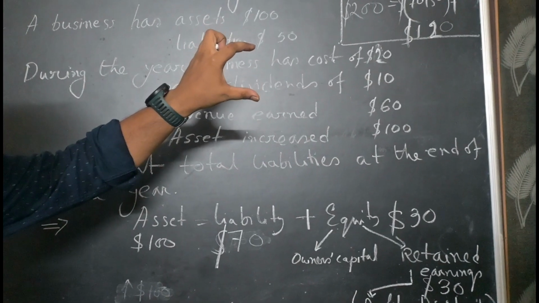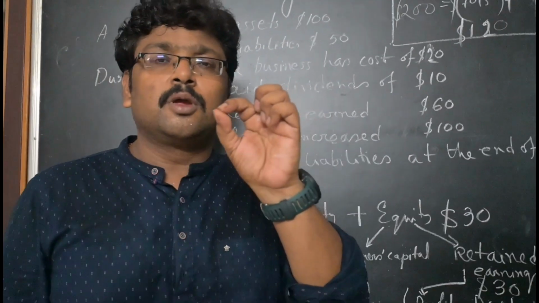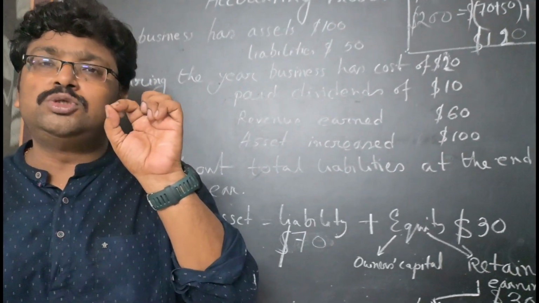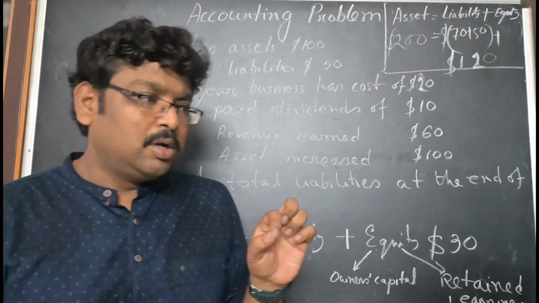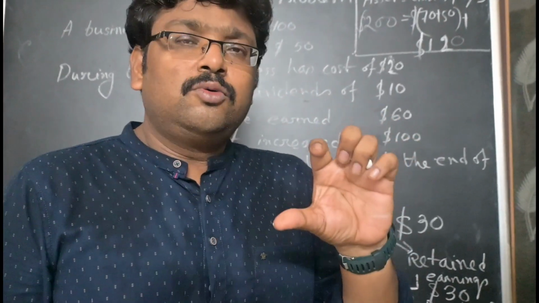So at the end of the period, $120 is the liability.